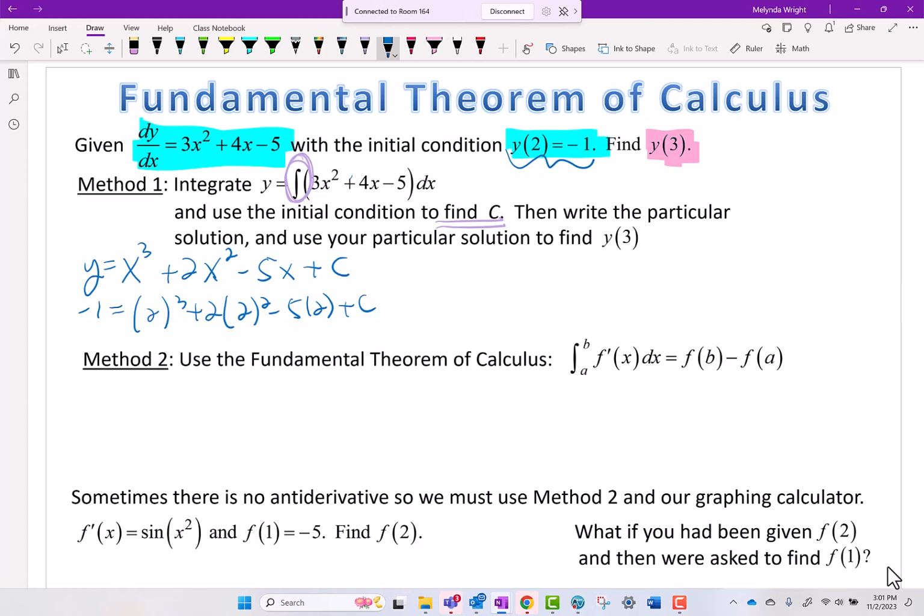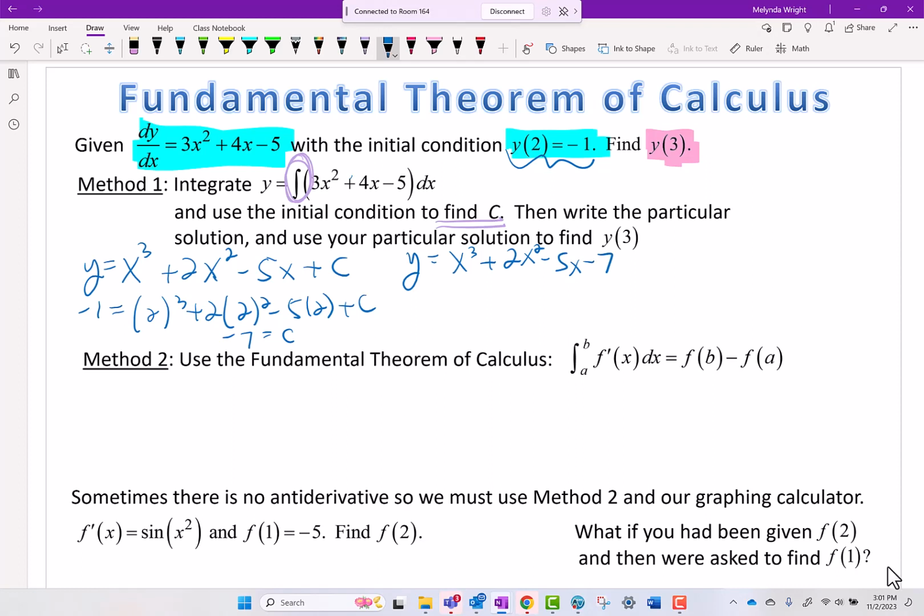Y'all know that, so always check my arithmetic. I actually did the arithmetic. It's like 8 plus 8 minus 10, and I move that over, and I get c is -7. So my equation is y equals x cubed plus 2x squared minus 5x minus 7.